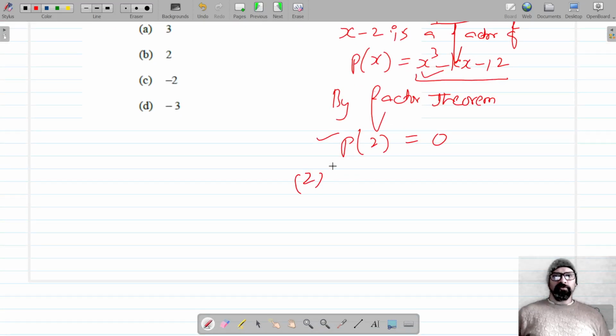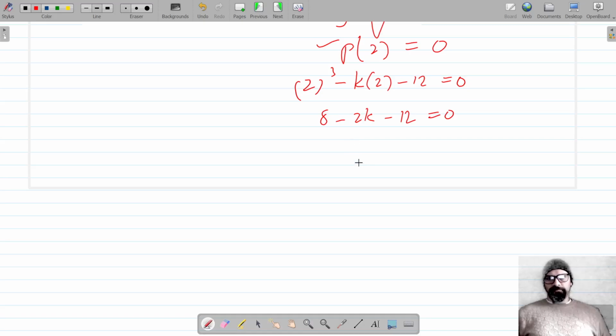So let's substitute the value of x as 2 here. So it becomes 2 cube minus k into 2 minus 12 is equal to 0. So 2 cube is 8, and this is 8 minus 2k minus 12 is equal to 0. So this is minus 2k minus 4 is equal to 0.